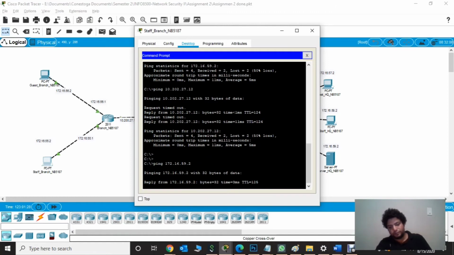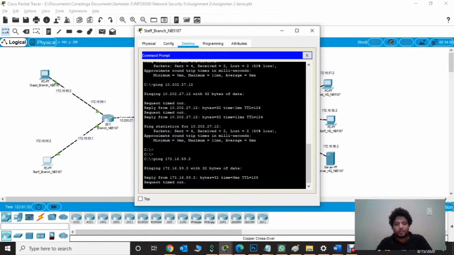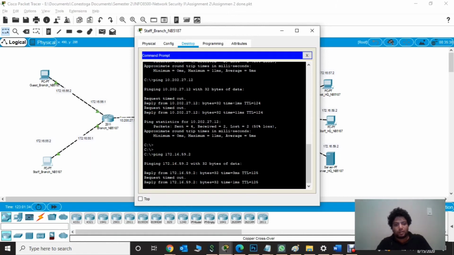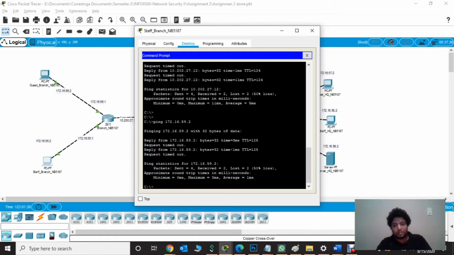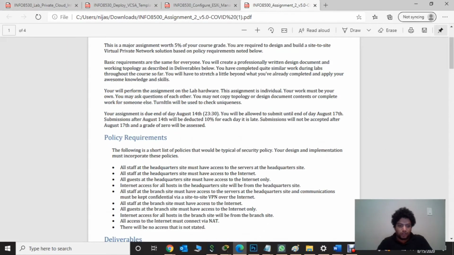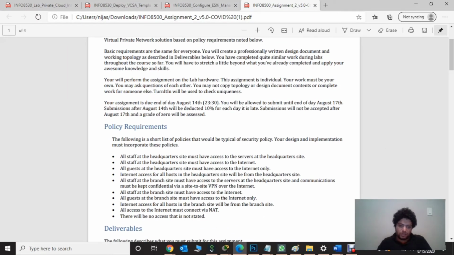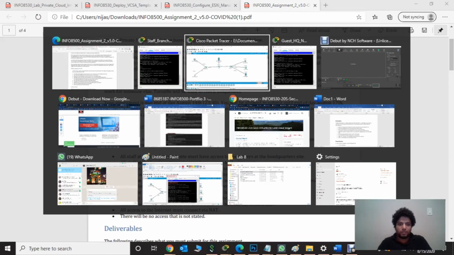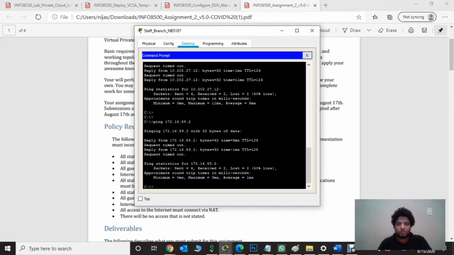There you go. It is also successfully pinging from the staff at the branch location to the server at the headquarters location. And all staff at the branch site must have access to the internet. That is the next condition to be met.